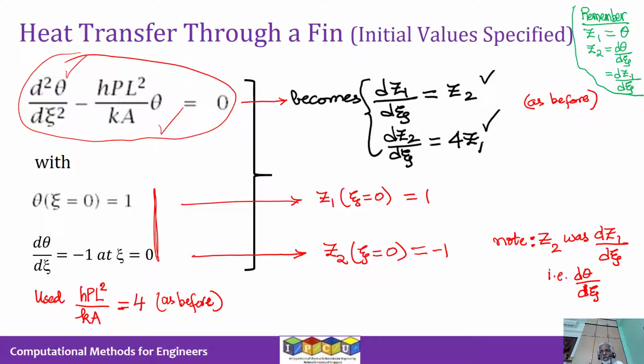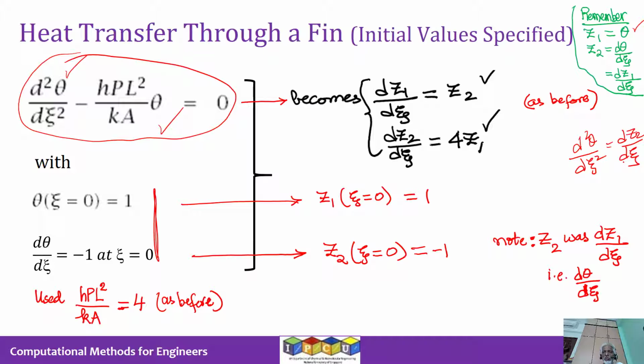And since z1 is also equal to theta, to keep consistent with the earlier notation, z2 equals dz1 by d psi, which is also equal to d theta by d psi. So wherever I see d theta by d psi, I can use z2. If I see d squared theta by d psi squared, that is equal to dz2 by d psi.